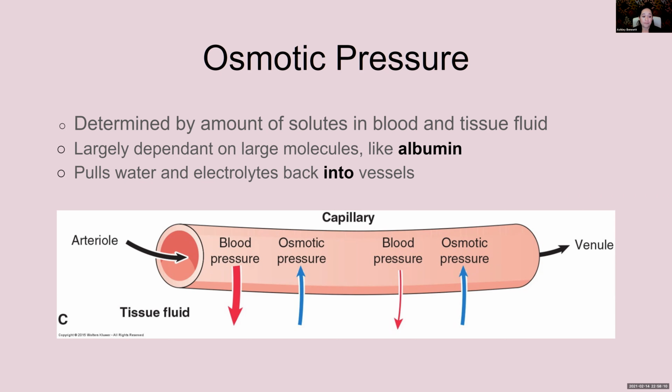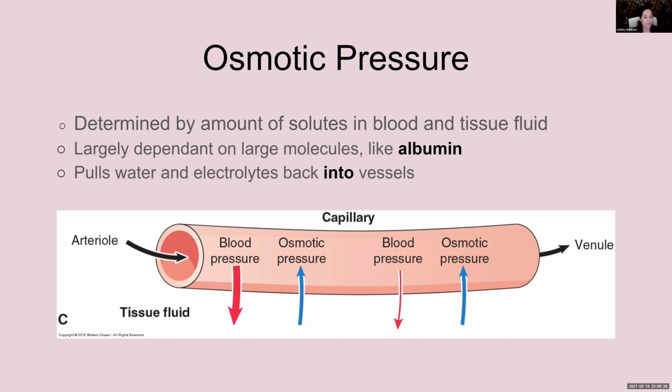And so because it's relatively concentrated, that forms a gradient by which water can come back into the capillary. And so that is the osmotic pressure. And again, albumin is our main determinant of osmotic pressure. What is albumin? It's a big protein, basically.